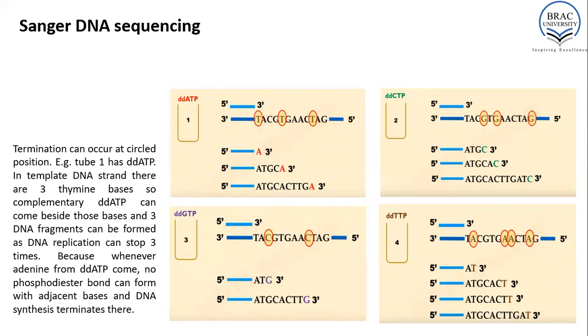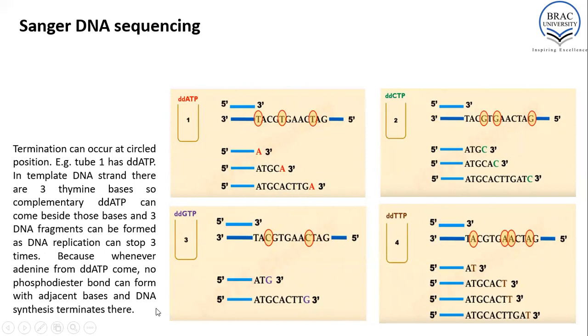When we get to the next thymine, another adenine needs to be added. Again, this is a dideoxyadenine, and the reaction is terminated. The same process happens for dideoxycytosine, dideoxythymine, and dideoxyguanine.